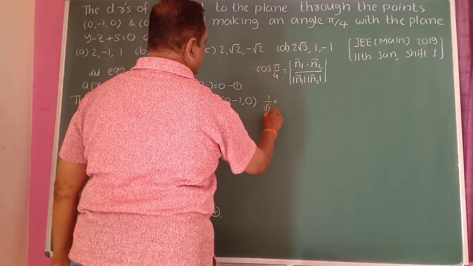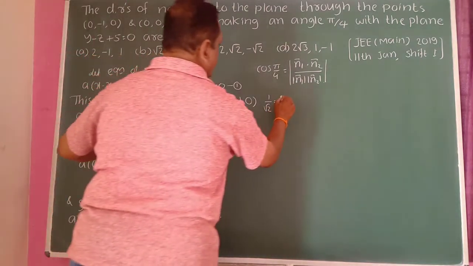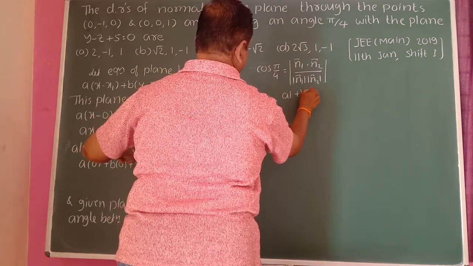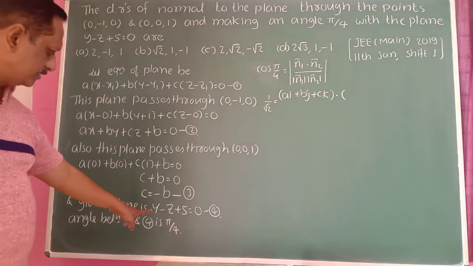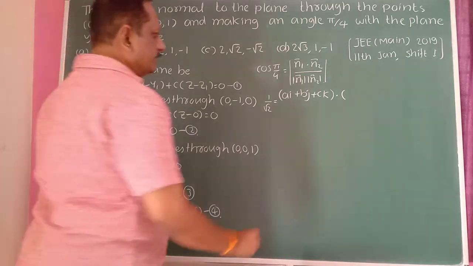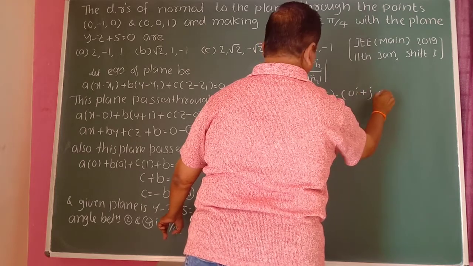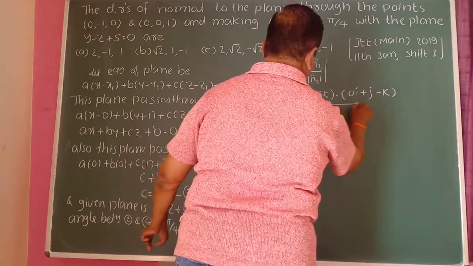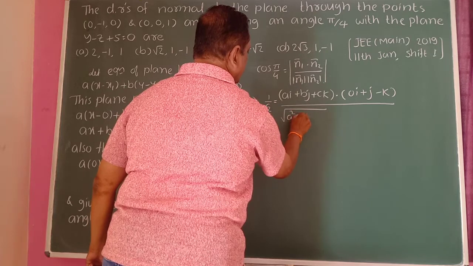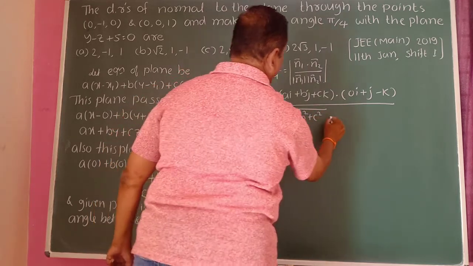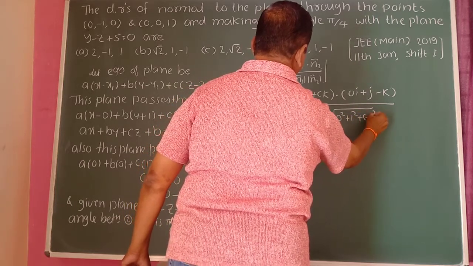Here n1 is ai plus bj plus ck, dot n2, which is 0i plus 1j minus k, divided by the modulus, root of a square plus b square plus c square, and the root of 0 square plus 1 square plus (minus 1) square.